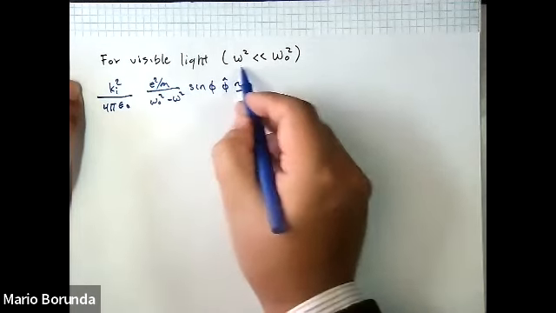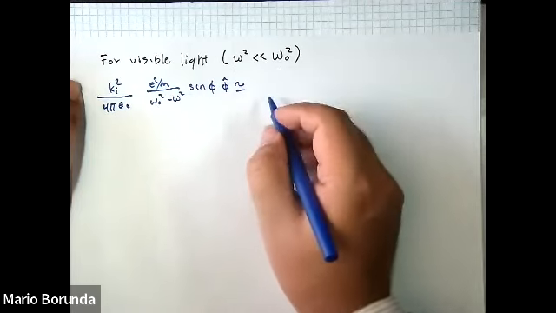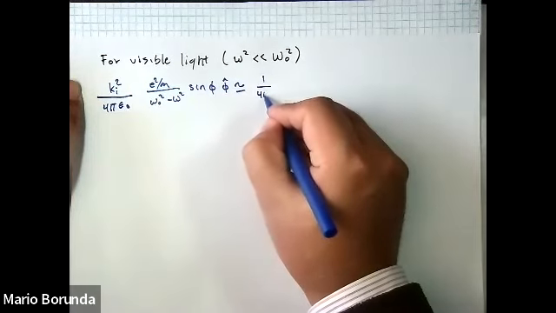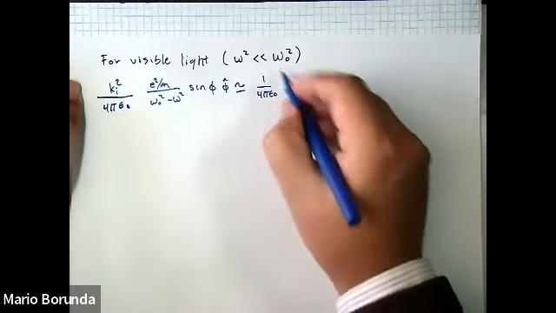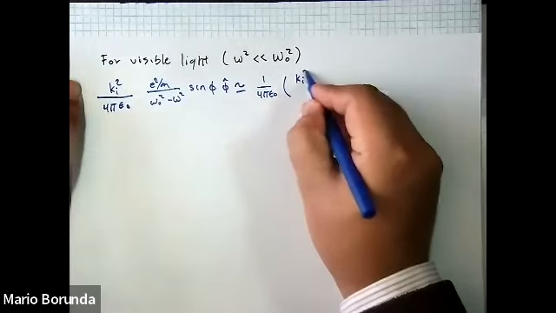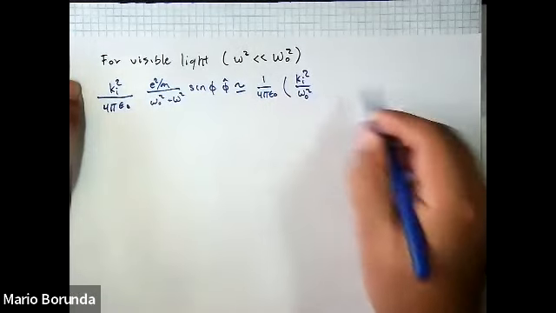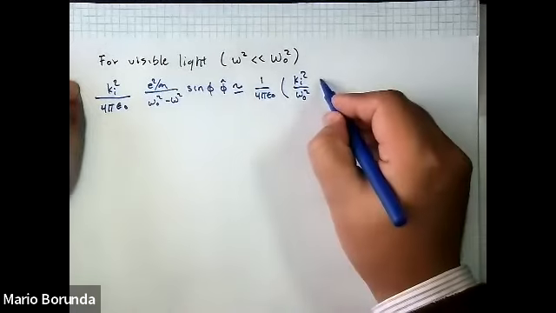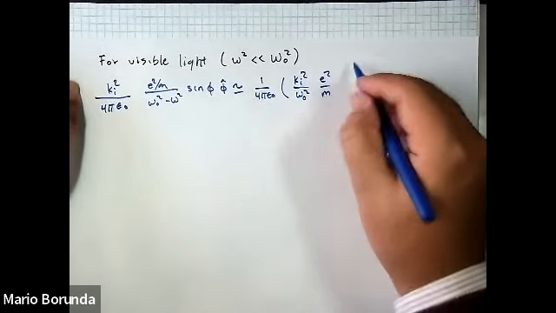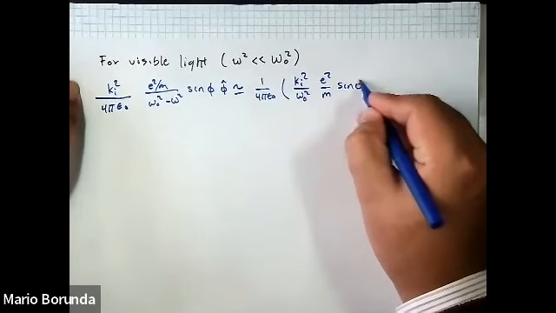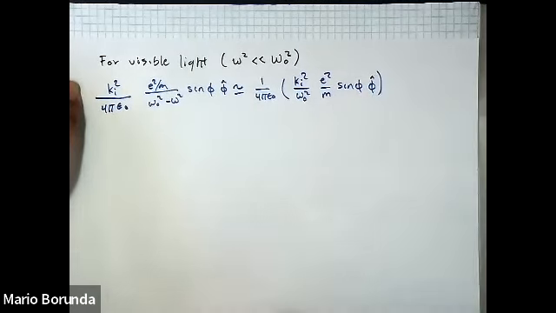With this simplification, it's now going to become 1 over 4 pi epsilon naught, ki squared over omega naught squared, e squared over m, sine of phi in the phi direction.